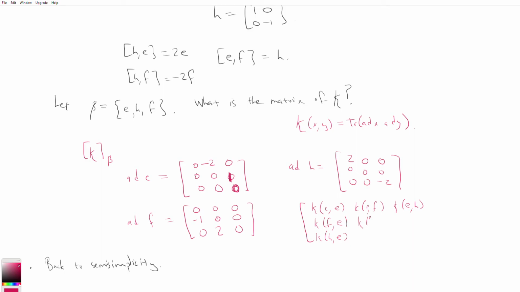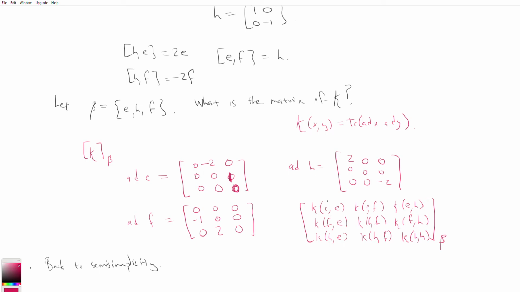Kappa of f comma f, kappa of h comma f, kappa of f comma h, and then kappa of h comma h. All right, so this is what the matrix looks like in the beta basis.